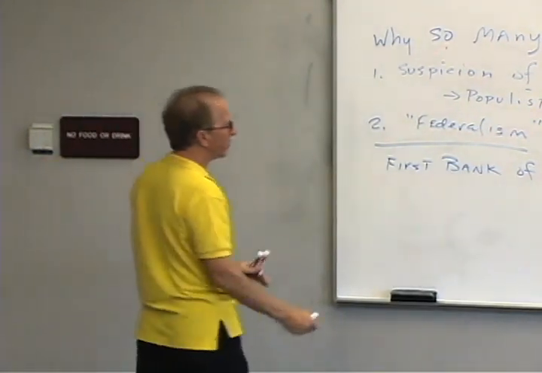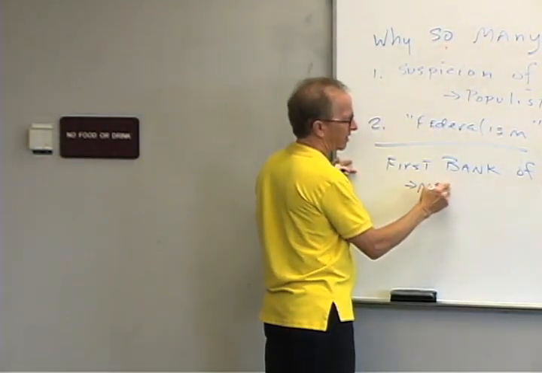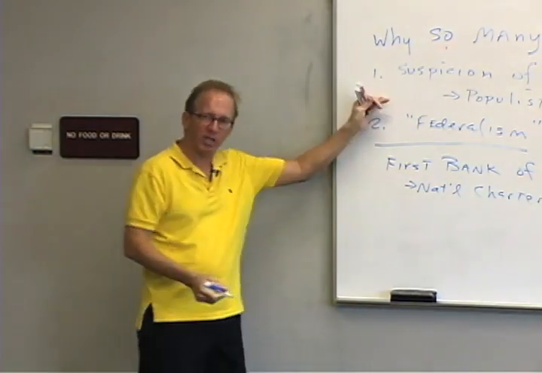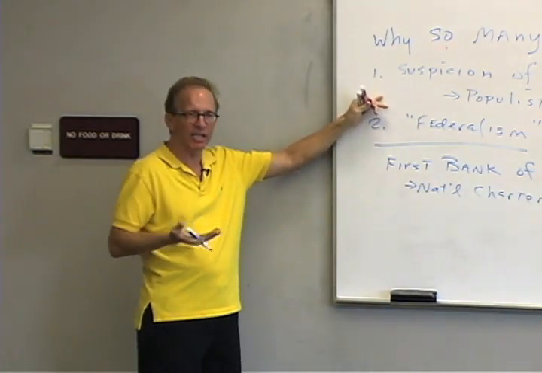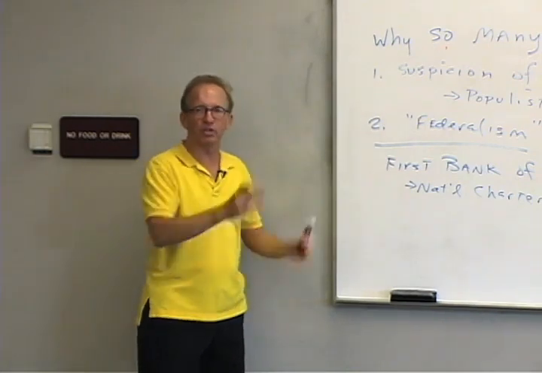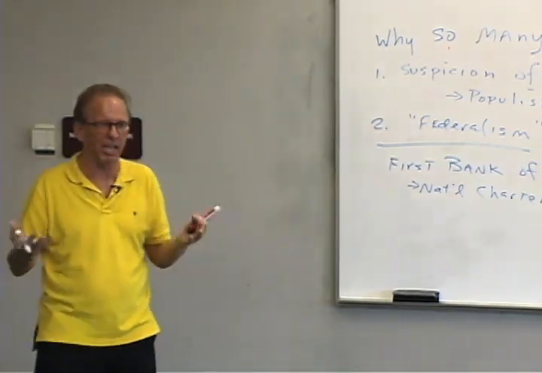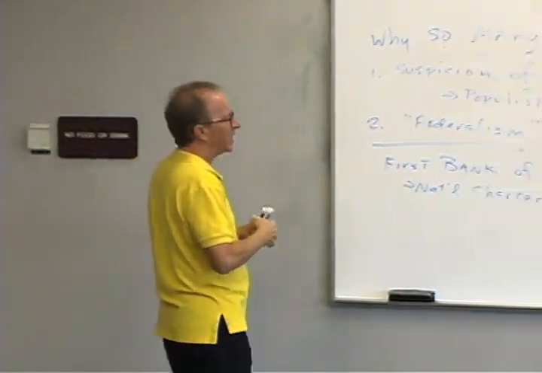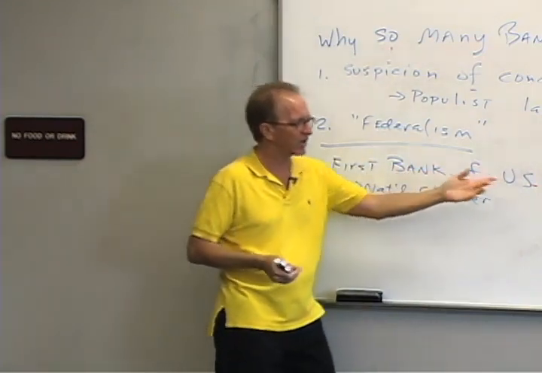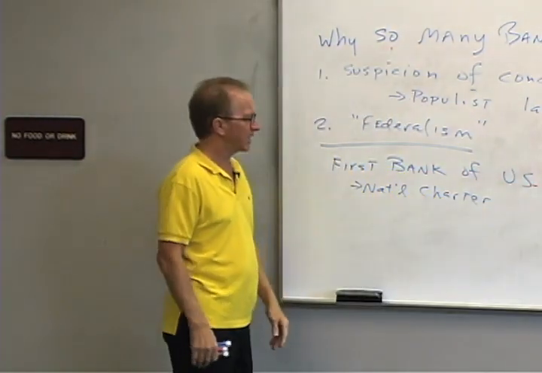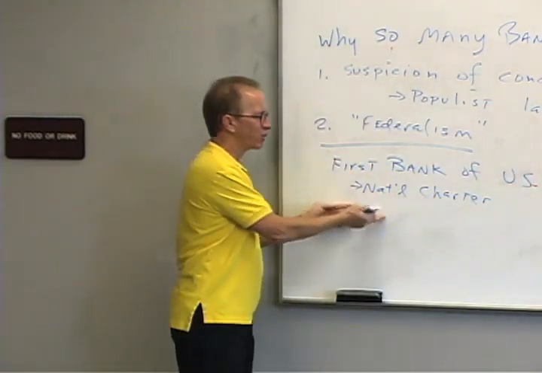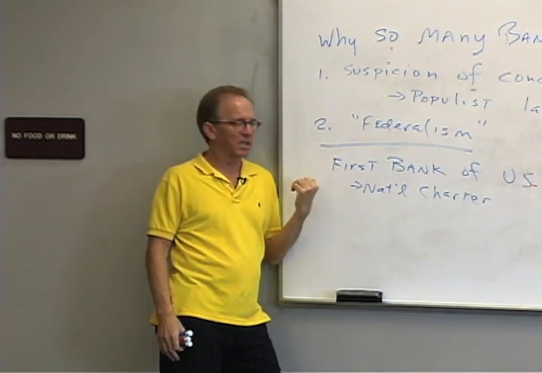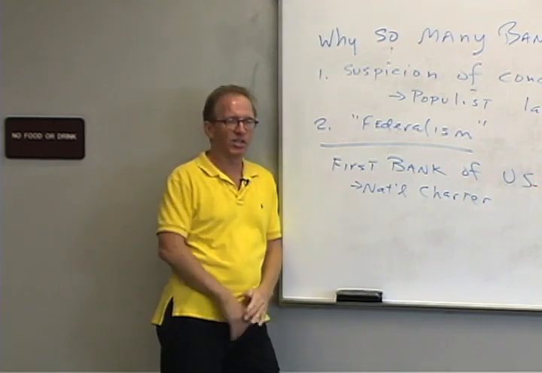And then this bank had a national charter. There's already this suspicion among these people in the United States living in the early states, previously the colonies. There's already this suspicion of big, strong financial power, political power, and so forth. And so in 1791, not long after the country's been in business, the national government issues a charter to this big banking company. All the other banks had state charters.